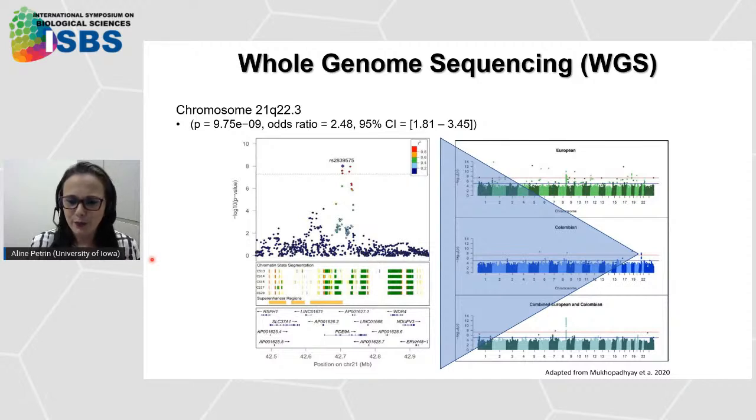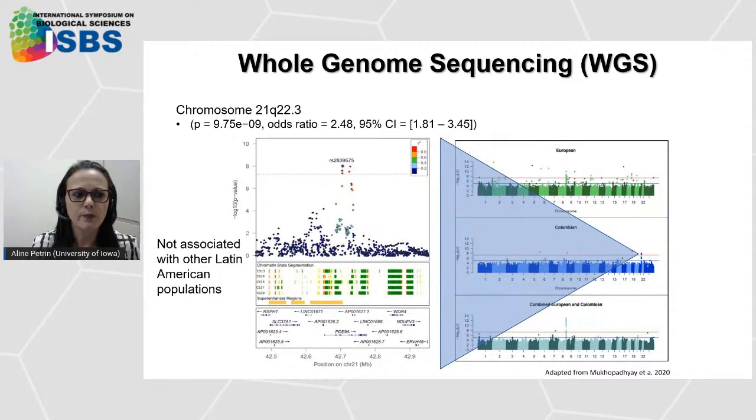I would give you much more detail if I could, but time permitting, I need to move on to the other part. But the craniofacial enhancers are regions that control craniofacial development in human embryos. So this, like I said, seems to be specific for the Latin population, especially the Colombian population.